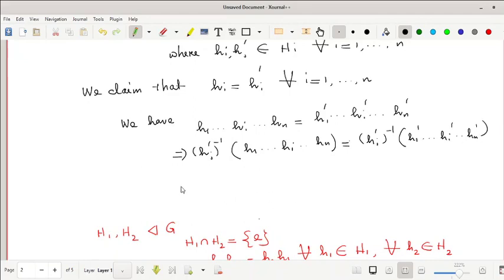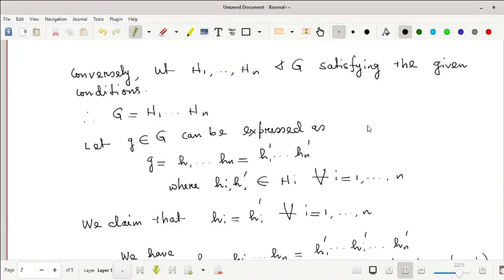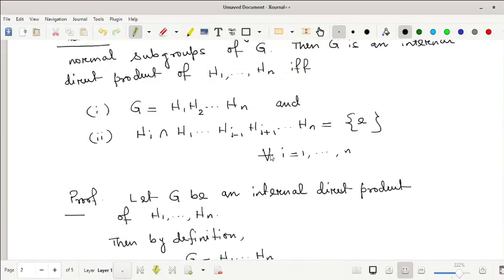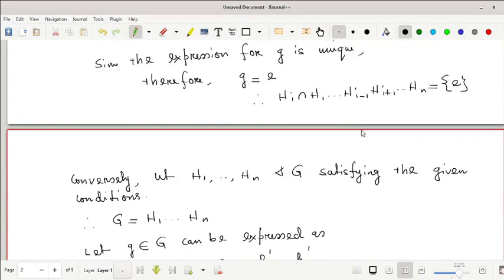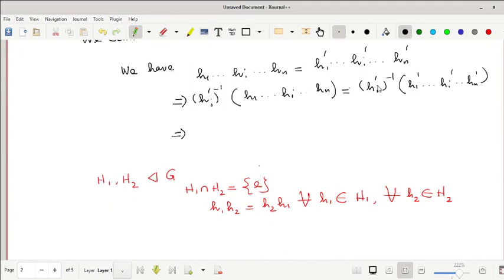Okay, but see, Hi and H1, they are mutually disjoint, their intersection is identity from this condition. From the second condition, any two H you take, H1 H2, H2 H3, their intersection must be trivial, because if you take Hi and Hj, it is a subset of this product. So if the product with Hi contains only identity, then Hi intersection Hj will contain only identity. So here this hi inverse, this will commute with every element.